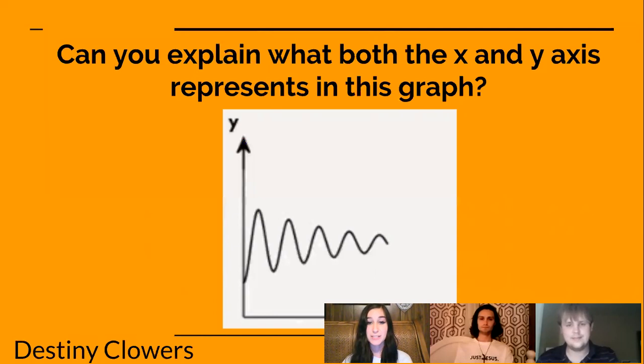It's much bigger and taller than the rest of the arches. So we can tell from this graph that the arches are getting shorter with each bounce. With that being said, x must represent the time that the bouncy ball is bouncing, while y represents the height of the bouncy ball. This means that the longer the ball bounces, the shorter the height gets.